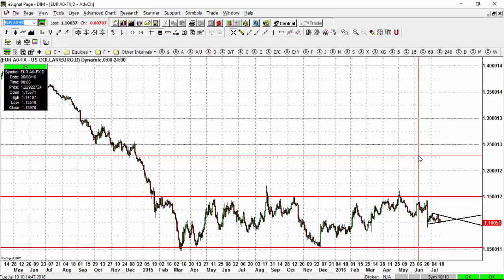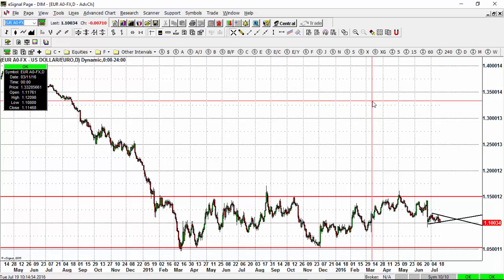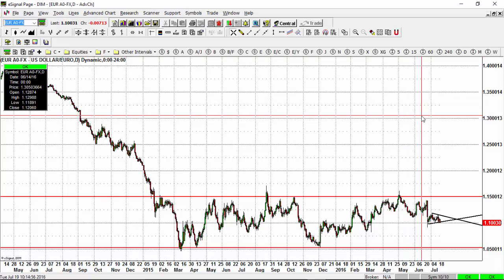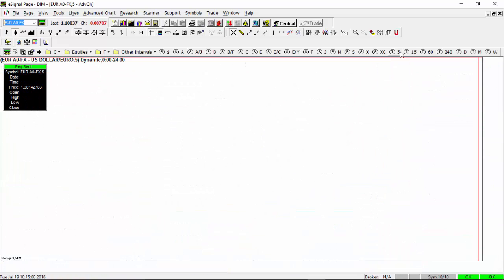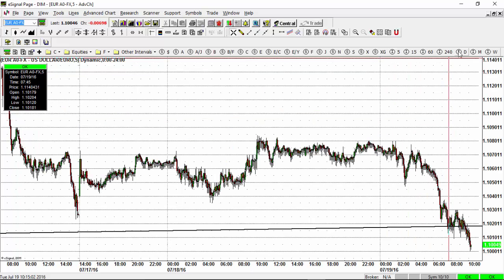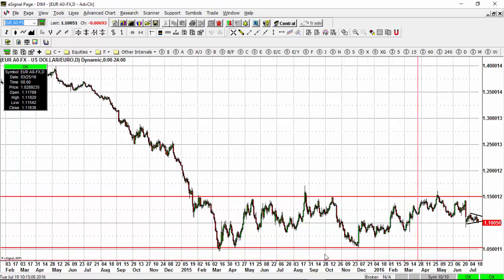And that's one of the things you have to be able to do as a trader. You have to be able to anticipate what could happen and prepare yourself for it. So that's what's happening here with the euro. Just looking, we're seeing the market trade just above the 110 area.